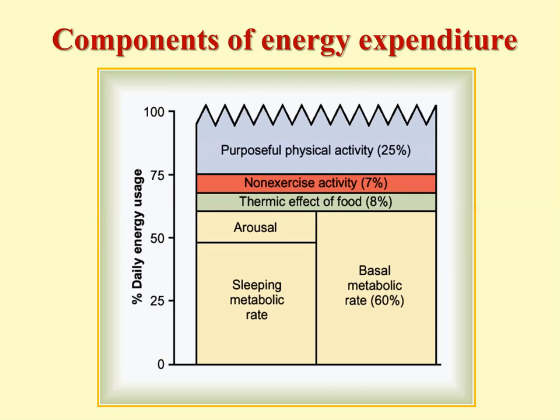And of course, purposeful physical activity. Here it shows the average level without specific high activity, about 25% of the total metabolic rate. But you see the upper line made in serrate fashion, so it shows that it can be highly variable. It depends on the situation, it depends on the person.